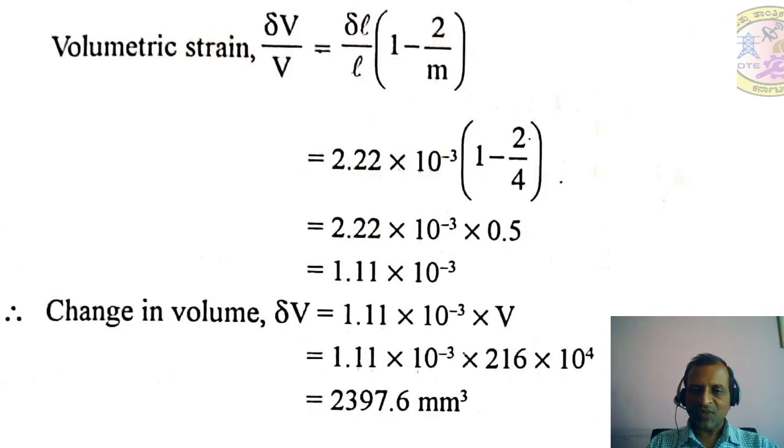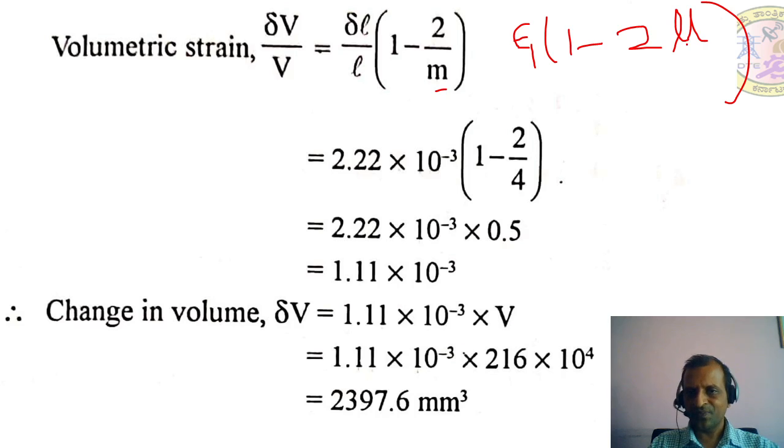So now you can take m here as 4, or else you can directly substitute 2 mu. 2 mu value means 0.5. So in this book, he found out m value and substituted the m value, or else you can use epsilon L into 1 minus 2 mu. This is also correct. Substitute the value of mu directly here. It is given 0.25. So this answer will also come as same, right? So that is equal to 2.22 into 10 to the power of minus 3 into 0.5. So that is equal to 1.11 into 10 to the power of minus 3.